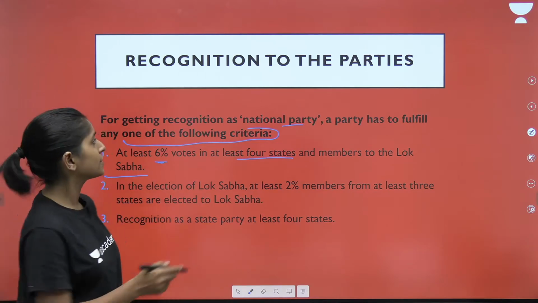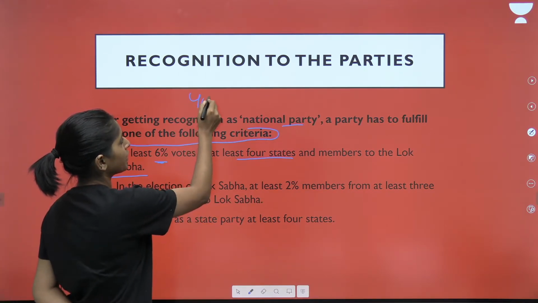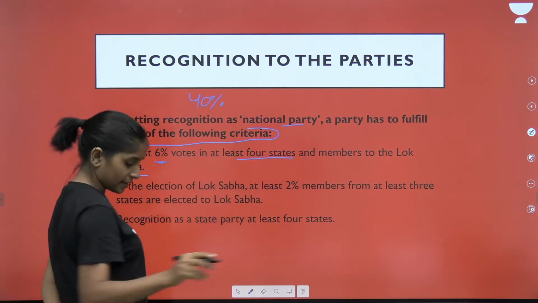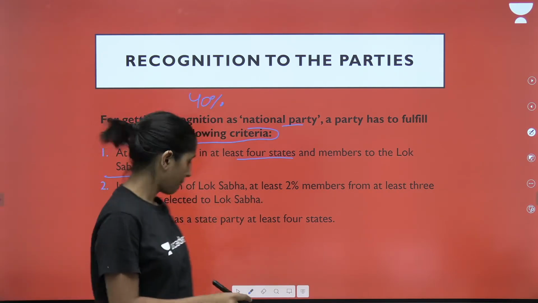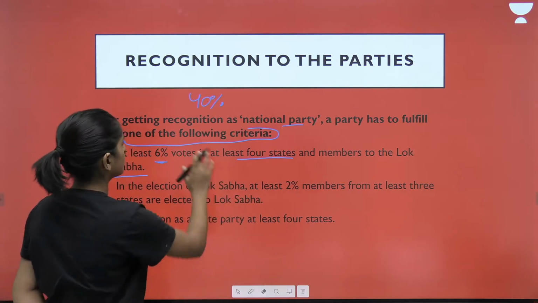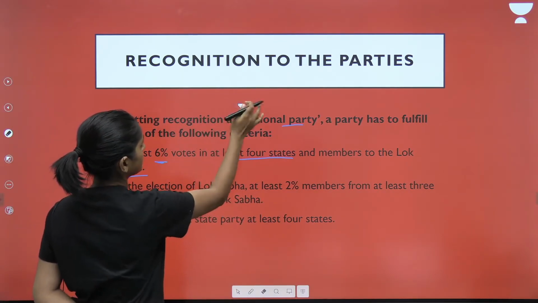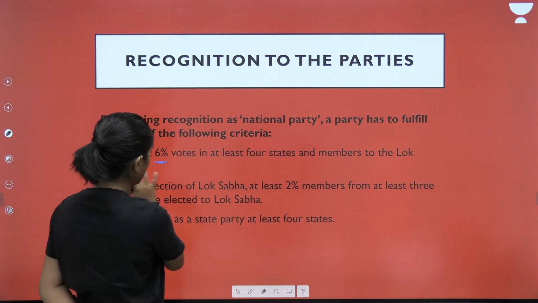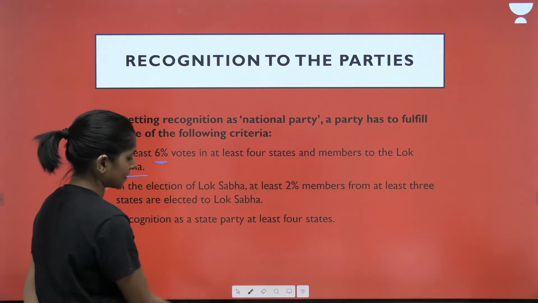Total there are 40% voting हुई एक स्टेट में. Let me just explain you like this, and change the pen first of all. Okay, let me just try to explain and see if you guys can get it.